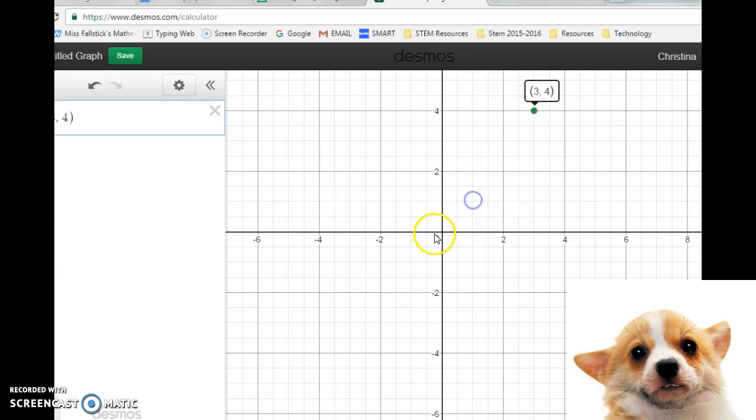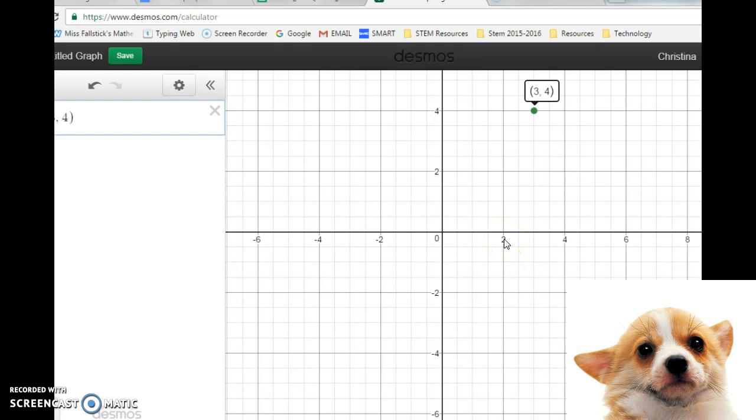I'm going to start at my origin. I'm going to go over 3, and as you can tell here, it increases by 2. I know that between 2 and 4 is 3. So I'm going to go over 3 and up to 4. Graph my point, (3, 4).